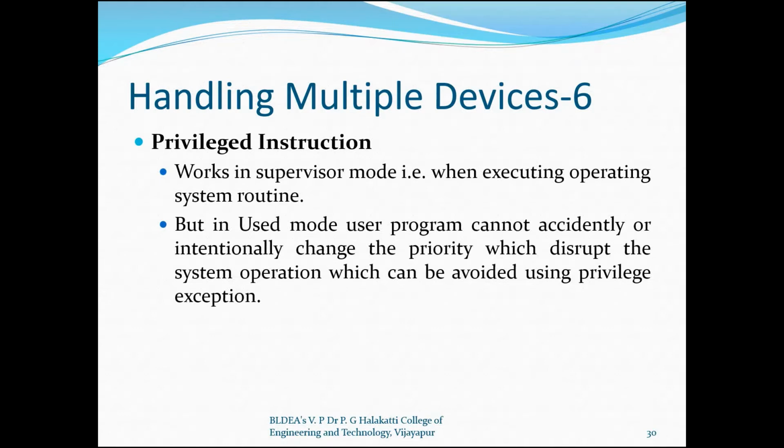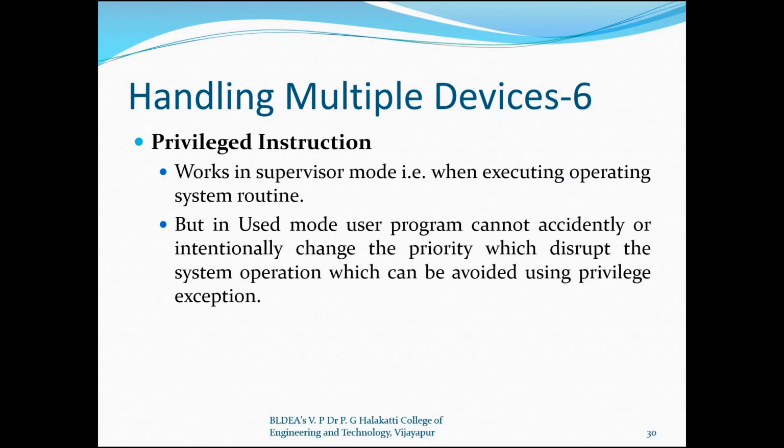So what we do is we give importance or priority to the subroutines which are executing in operating system mode, and whenever these are executing, no other interrupts are allowed to occur. Such instructions we call privileged instructions.